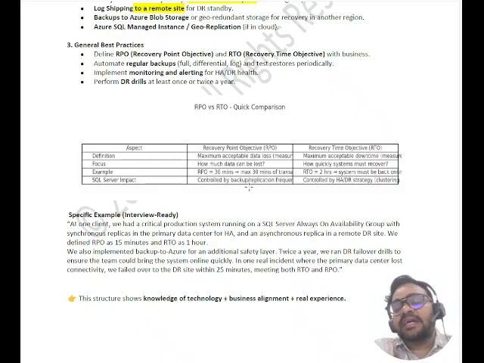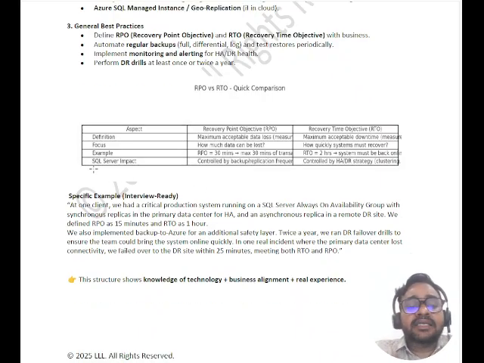Now I think it is pretty clear what RPO and RTO are. RPO is how much data can be lost in terms of time, and RTO is how much downtime we can accept. In SQL Server, RPO is controlled by backup and replication frequencies, and RTO can be controlled by HA or DR strategies.